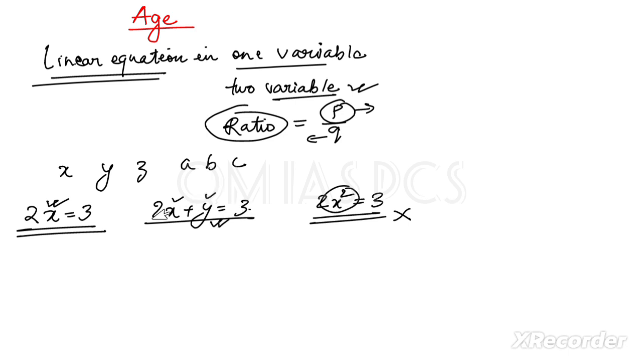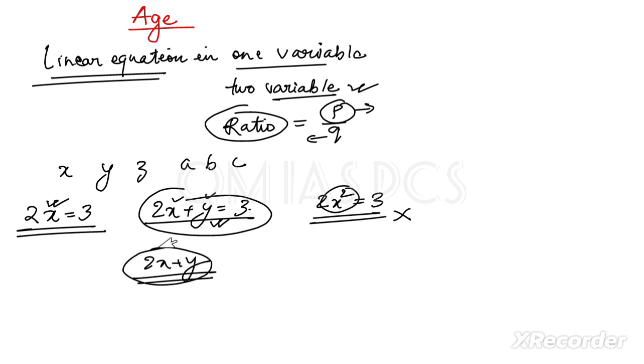Whenever we write 2x plus y is equal to 3, this is called an equation. But when we write just 2x plus y, this is called an expression. When we equate it with some number, 3 or 4, whatever we write, that is called an equation.